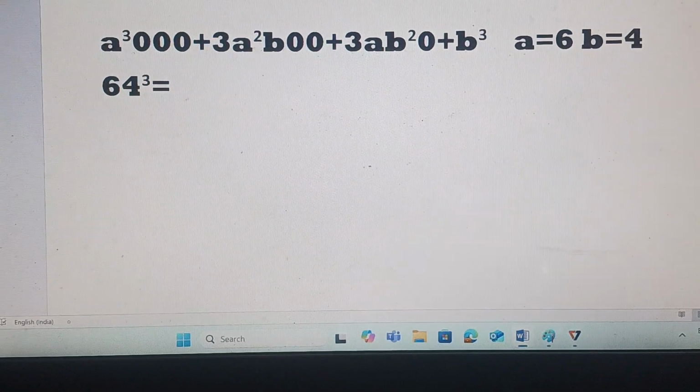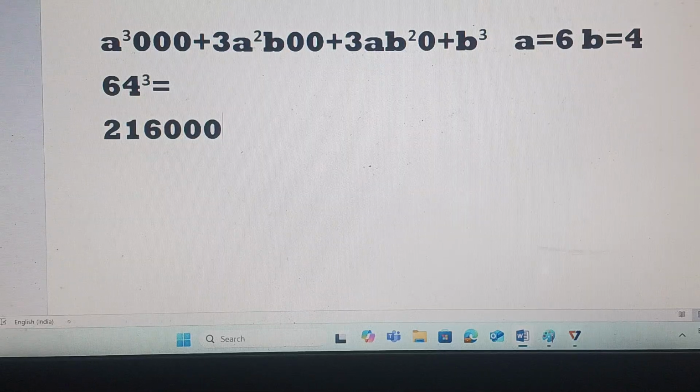Okay guys, so now let's take a look at our second example, 64 cubed. Here, a is equal to 6 and b is equal to 4. So, first part of the formula is a cubed with 3 zeros. Now 6 cubed is 216, and we're going to add 3 zeros after that. That gives us 216,000.